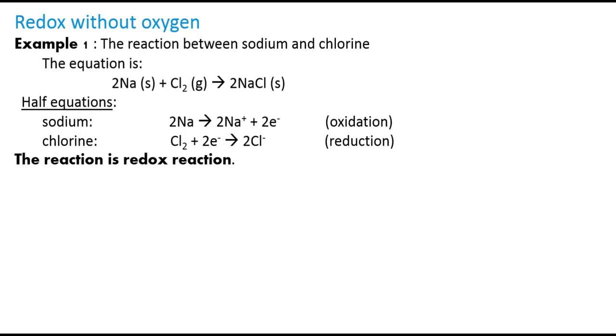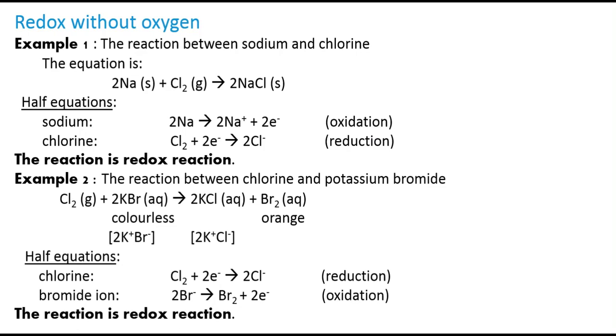In example 2, the reaction between chlorine and potassium bromide. Chlorine reacts with potassium bromide to form potassium chloride and bromine. In potassium bromide, bromide ions lose electrons to form bromine.